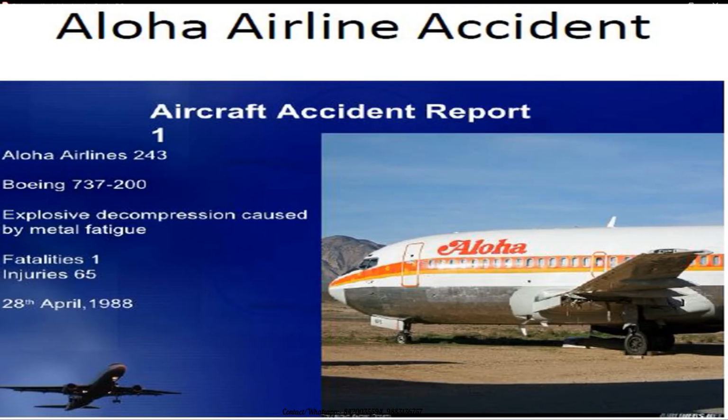Like the Aloha Airlines accident, the most famous one, involving a Boeing 737-200, which broke down in 1988. The number of people who lost their life was 1, but the injuries were 65.